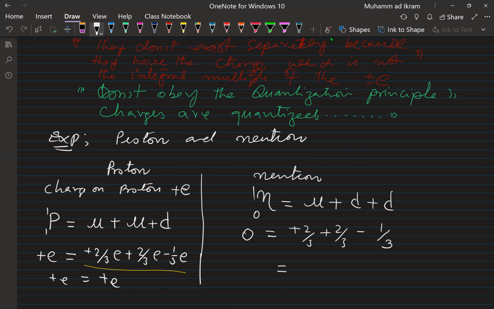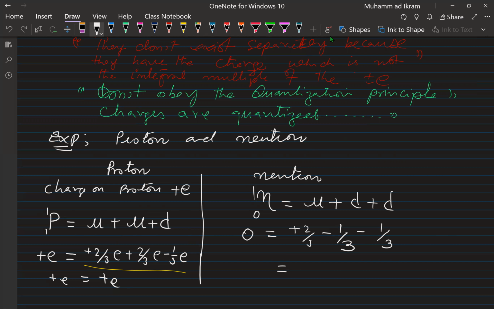Any neutron consists of one up quark and two down quarks. Why is it not coming to 0 here? Oh yes, here it is a down quark. So definitely this down quark has the charge of like this, right?